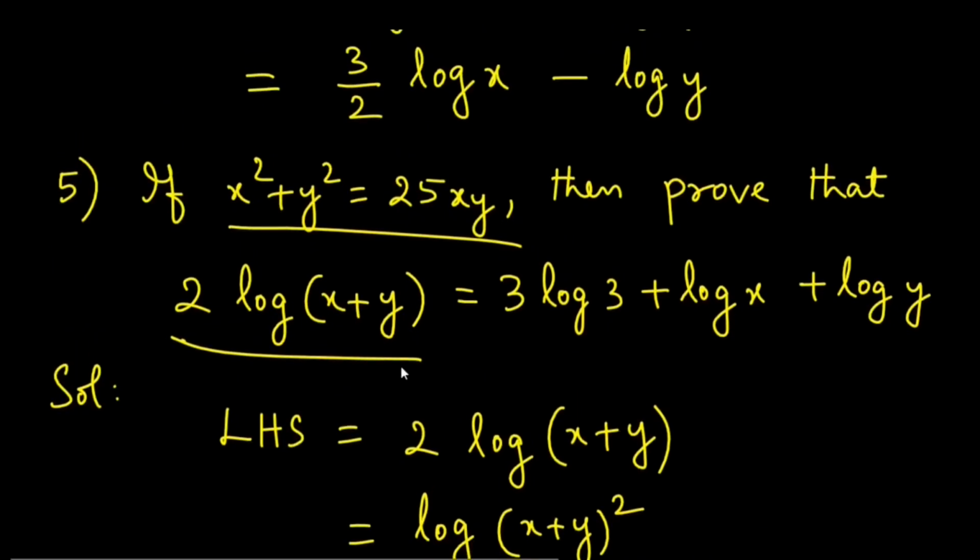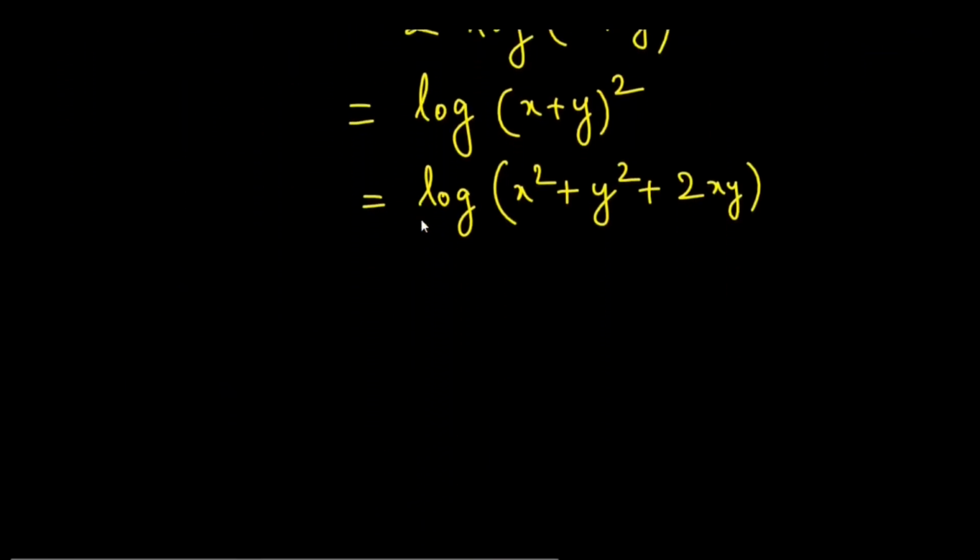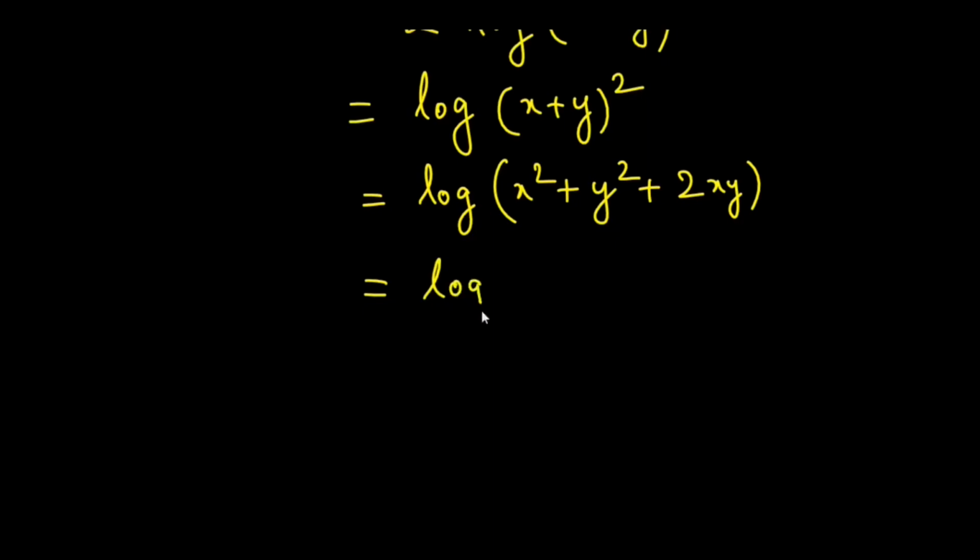Now substitute with the given one, x square plus y square is equal to 25xy. So here we substitute 25xy in place of x square plus y square. So this becomes log of 25xy plus 2xy.